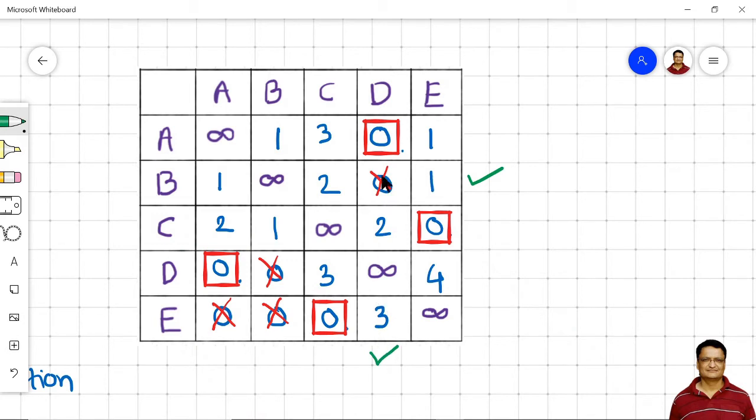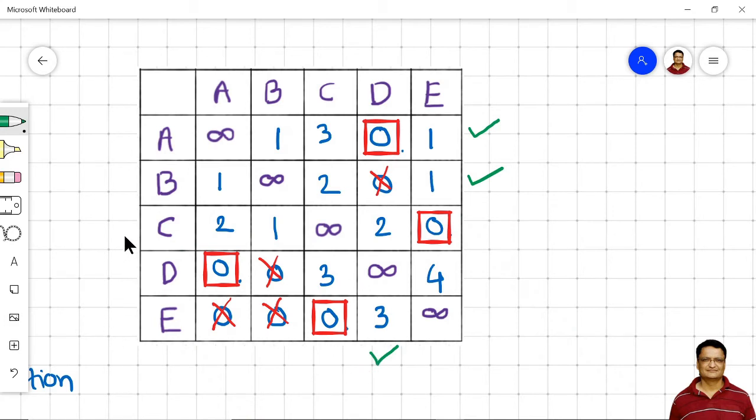Now again look into this column, and is there any row which has an allocation? This A row has one allocation in this column, so I will mark row A. Now no more markings are possible, so we will draw the lines.